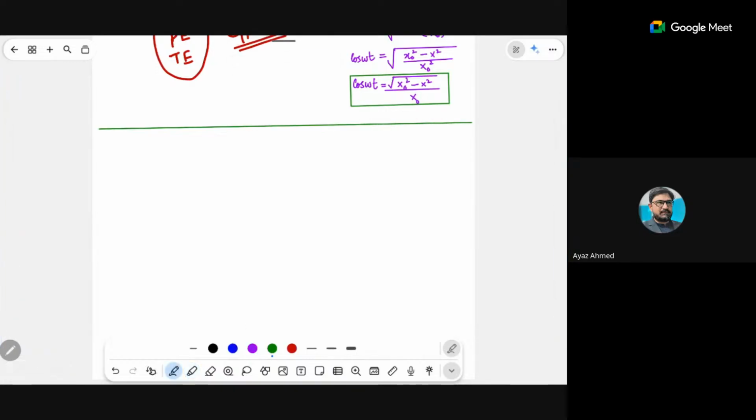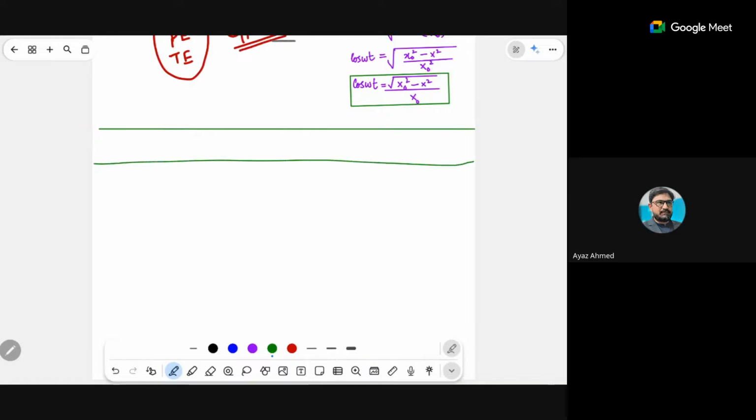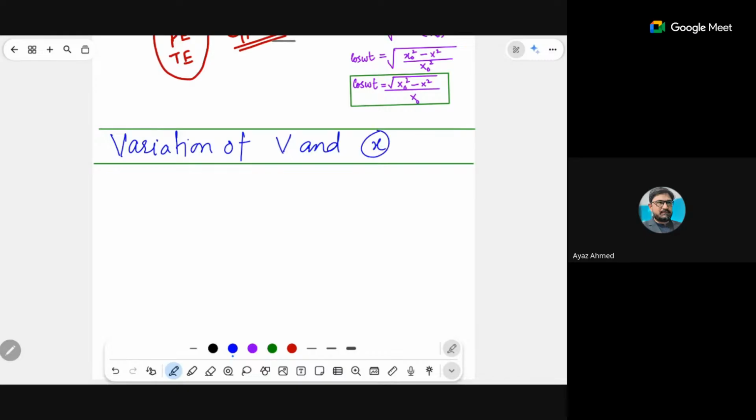Okay. Now, why do I derive this whole equation, or why do I use this equation? The basic purpose of this equation is to study the variation of v and x. Yani, with respect to position, how does your velocity vary?